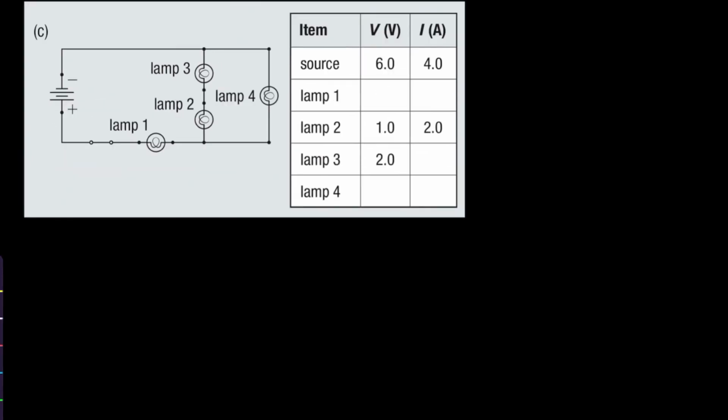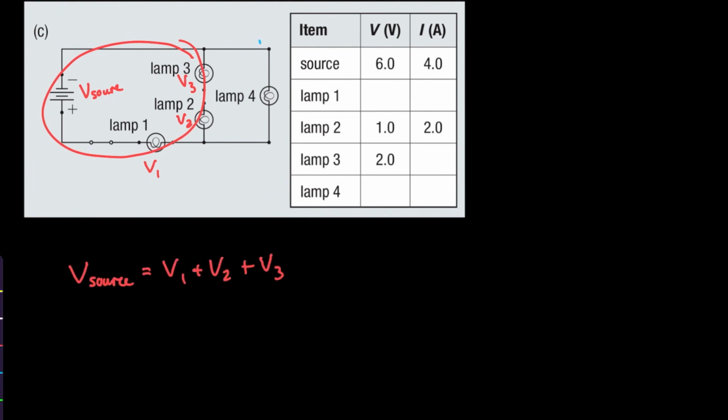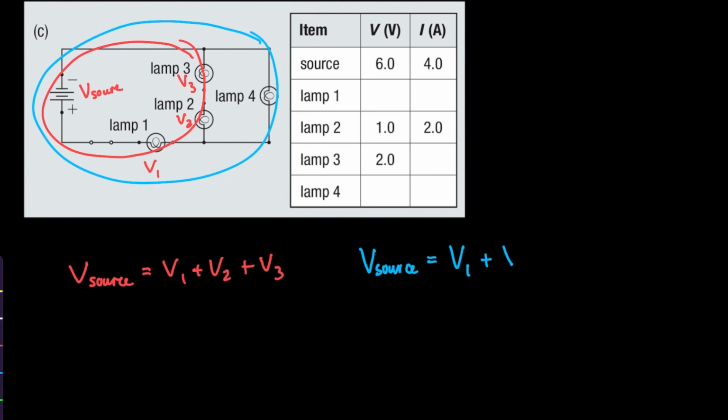And now if instead we focus on the voltage, remember all the voltage at the source has to be lost in the circuit. So the voltage at the source is going to equal V1 plus V2 plus V3 if we consider one path. We could consider the other path where V source will be the sum of V1 plus V4.